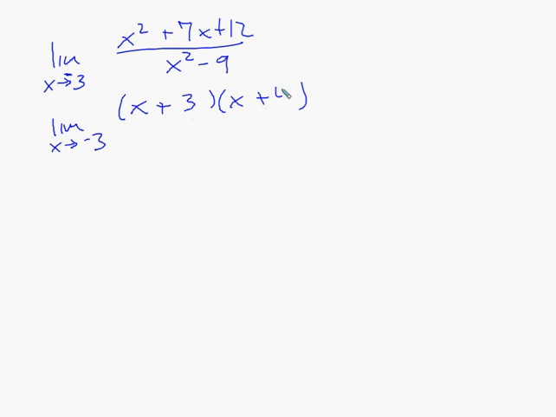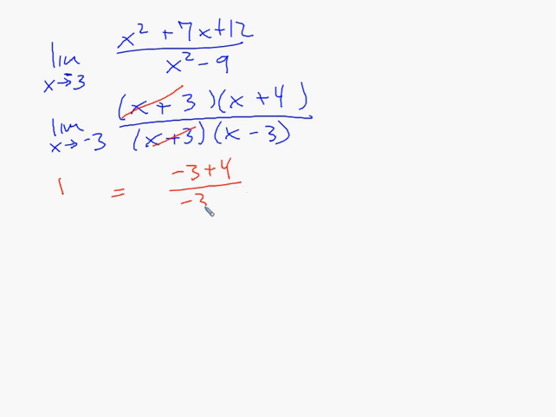It just so happens that when I factor the numerator, this is what I get, and when I factor the denominator, this is what I get, and we can go ahead and cancel this out, which is going to allow us to go ahead and take the limit. So the limit's going to equal negative 3 plus 4 over negative 3 minus 3, which is 1 over negative 6. So we'll write that as negative 1/6.